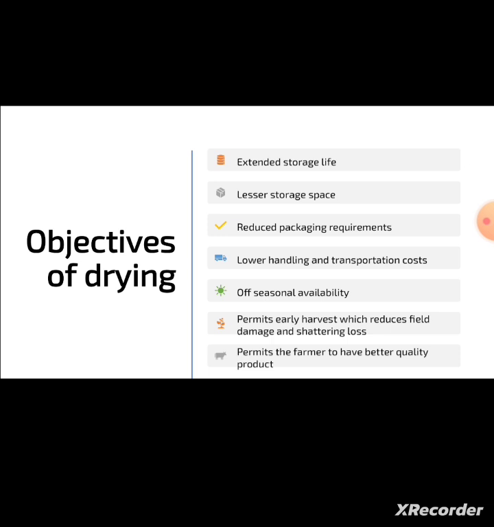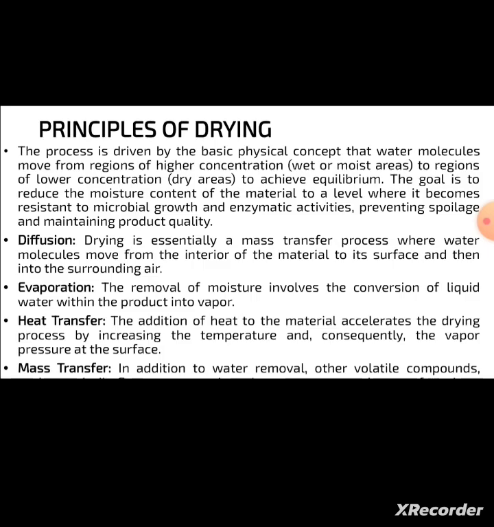The objectives of drying are extended storage life, lesser storage space, reduced packaging requirements, lower handling and transportation cost, off-seasonal availability, and permitting farmers to have better quality products. The principles involved in drying are diffusion, evaporation, heat transfer, and mass transfer.